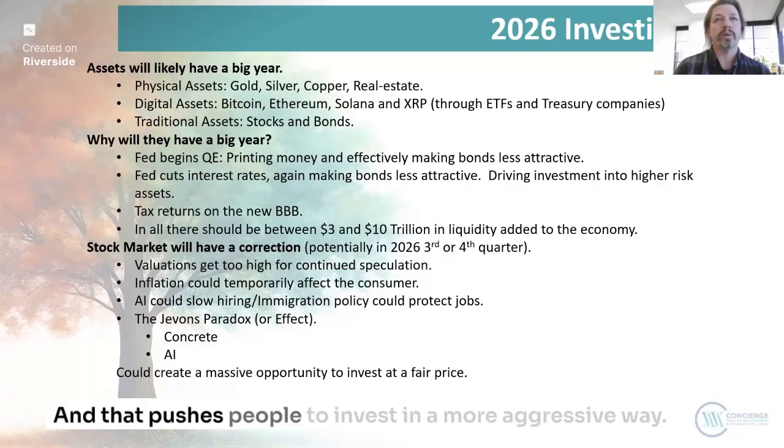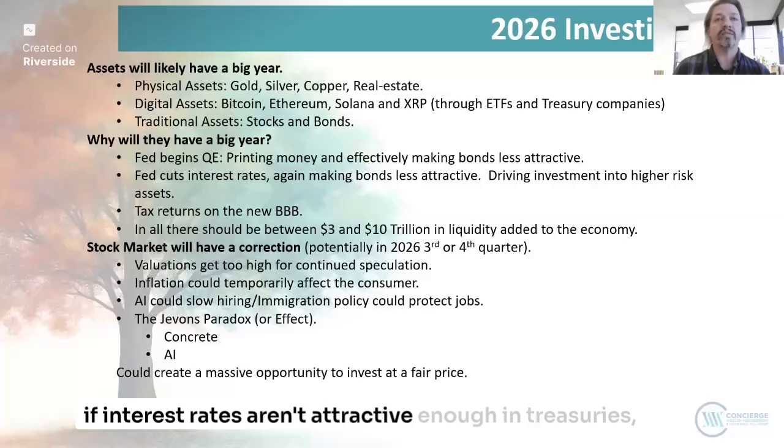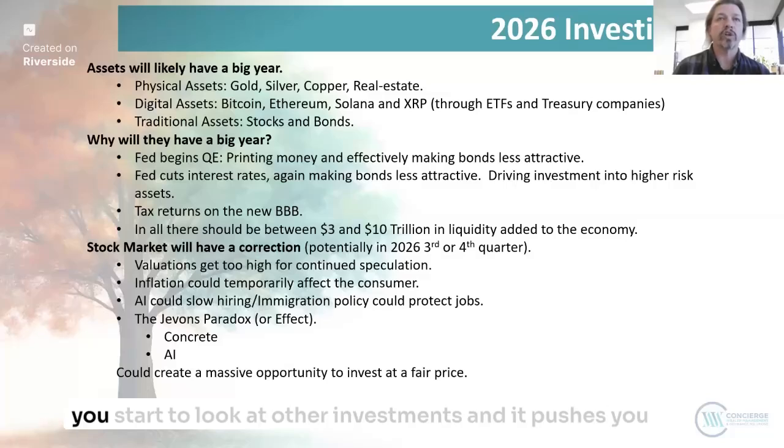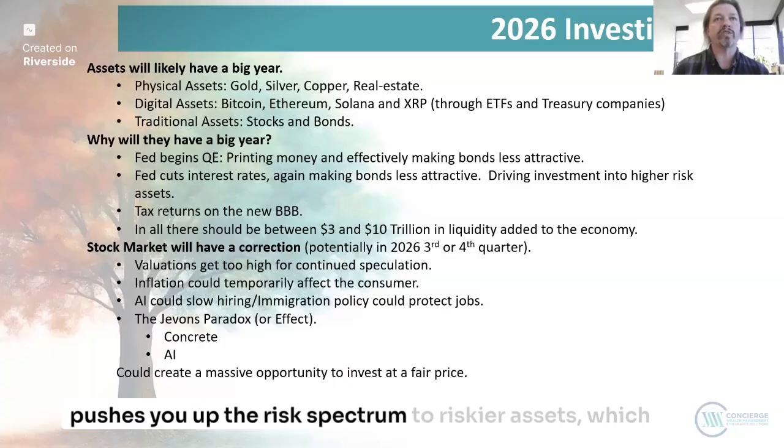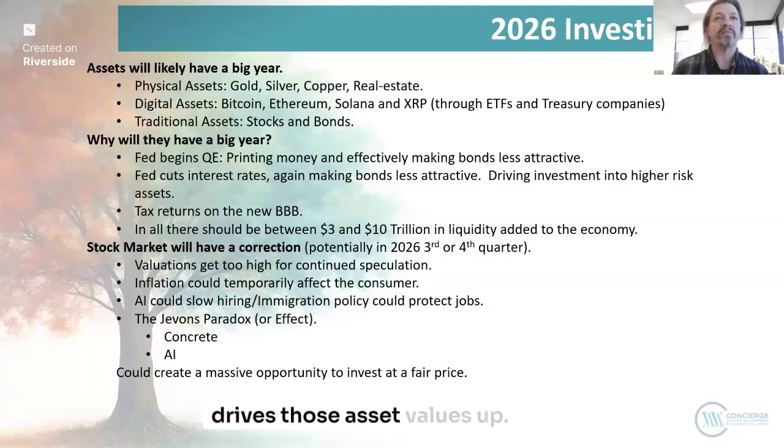And that pushes people to invest in a more aggressive way. If interest rates aren't attractive enough in treasuries, you start to look at other investments, and it pushes you up the risk spectrum to riskier assets, which drives those asset values up.